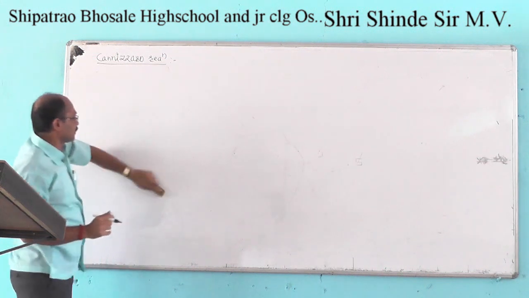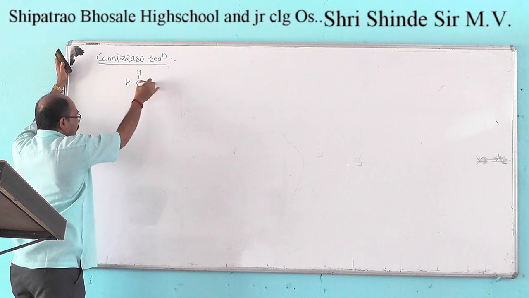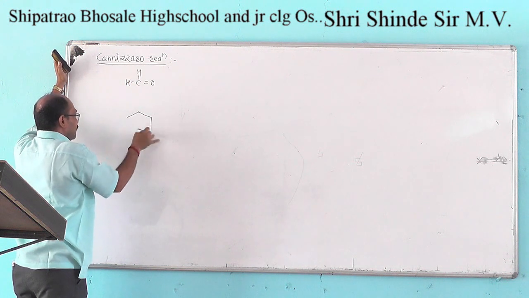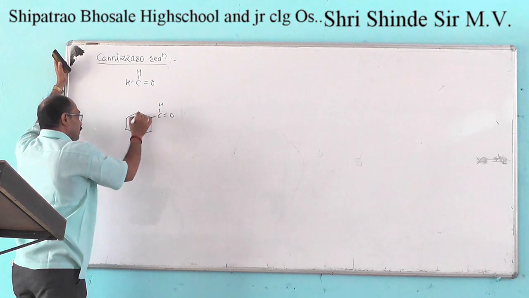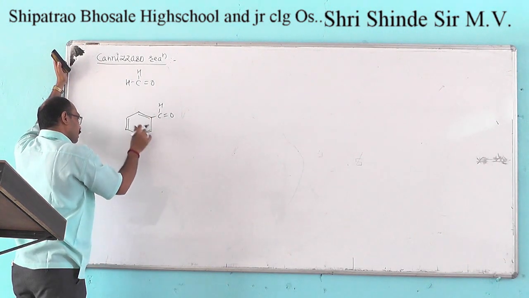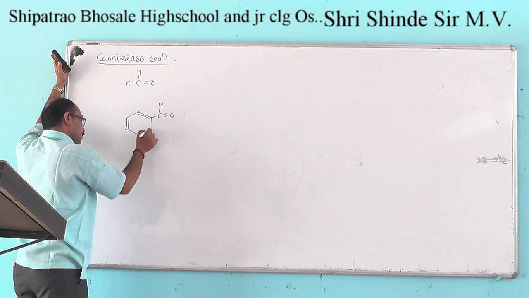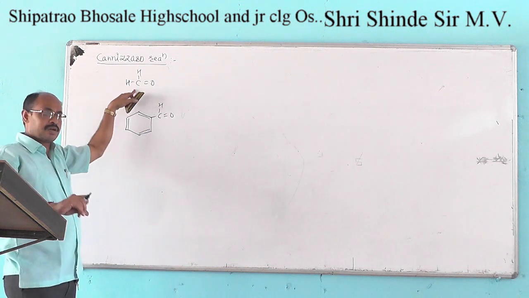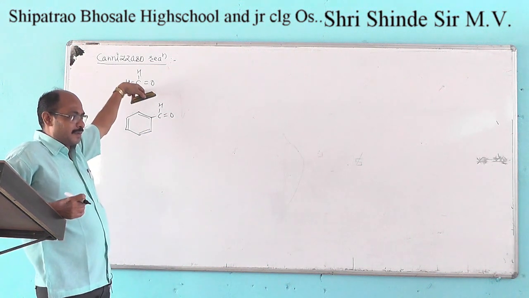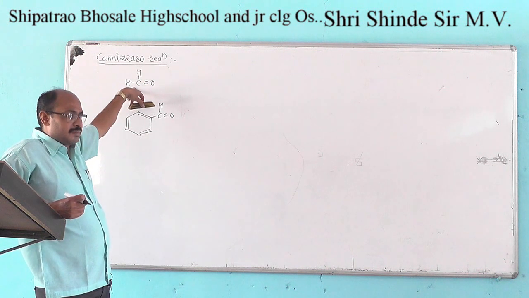I have some examples here. Suppose formaldehyde and benzaldehyde. Look carefully at these examples. In the formaldehyde example, we do not have any alpha carbon atom, so it will not have an alpha hydrogen atom.